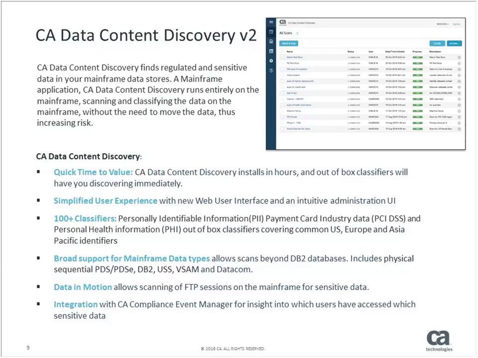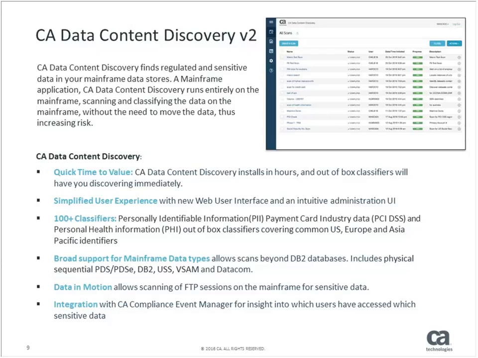The data types. Now, many solutions out there will support typically just DB2, which of course is important, but we go beyond DB2 and do physical sequential, PDS, PDSE, DB2, USS, VSAM, and we've added Datacom and soon IMS.